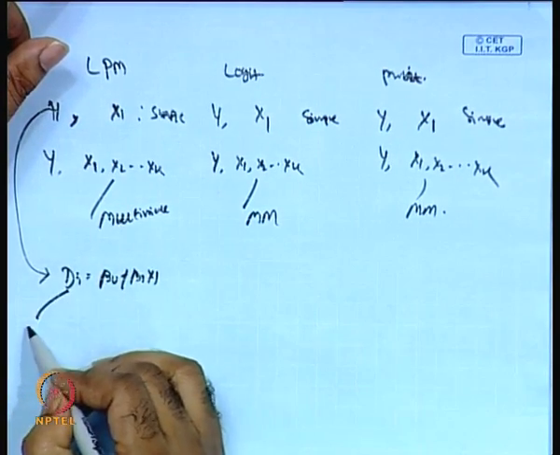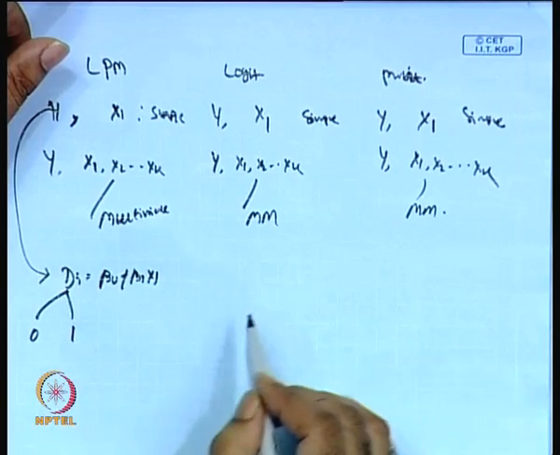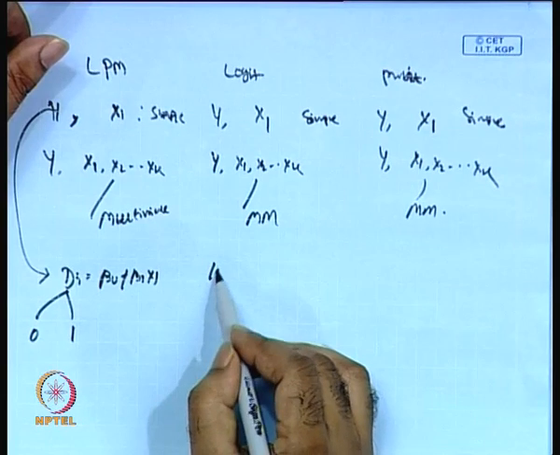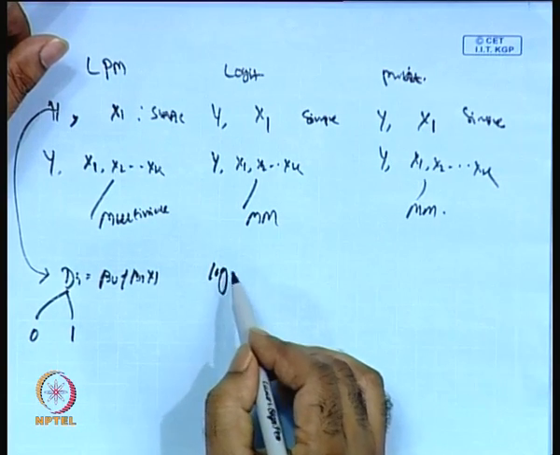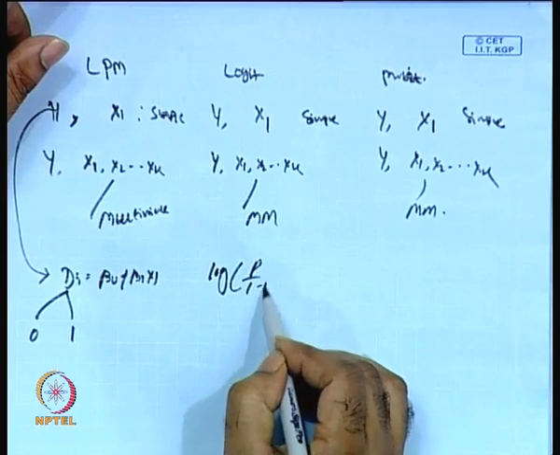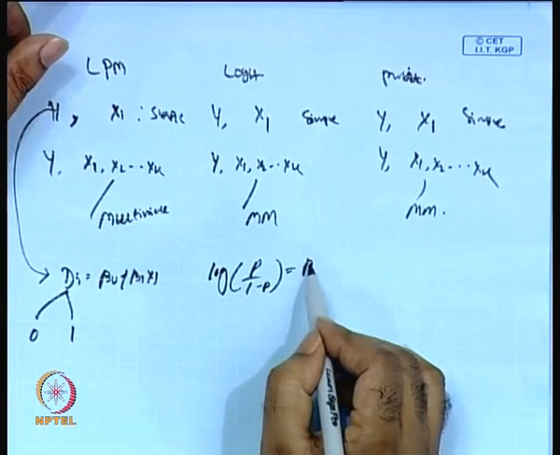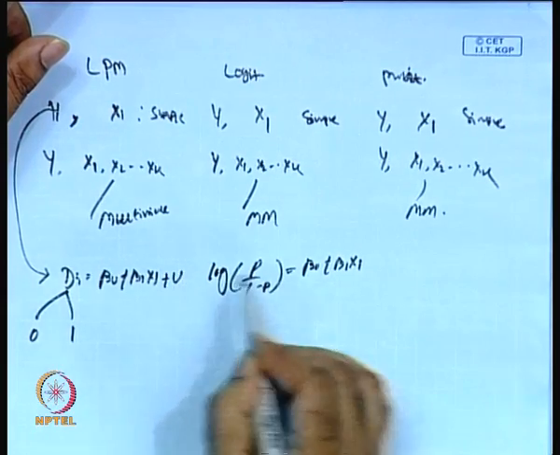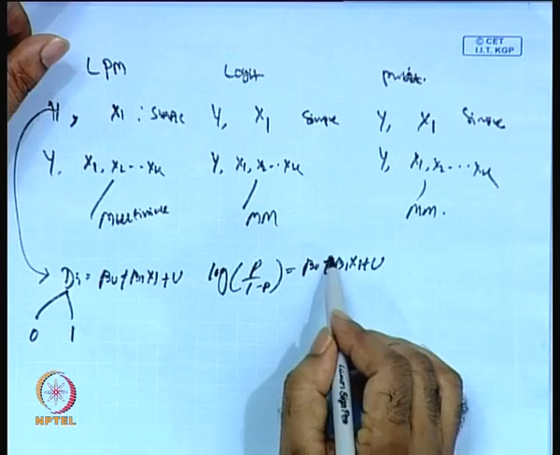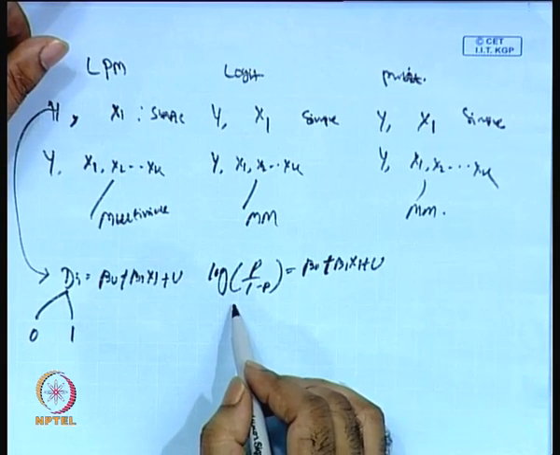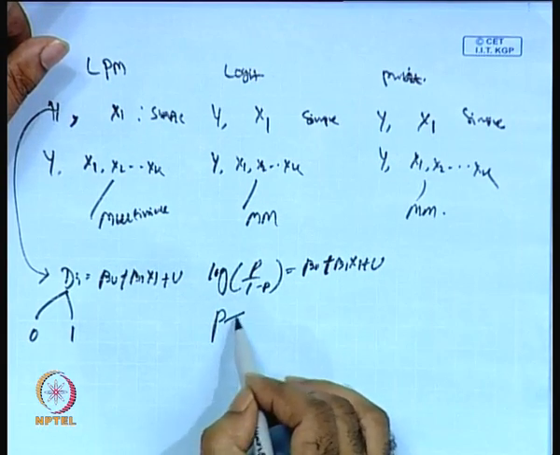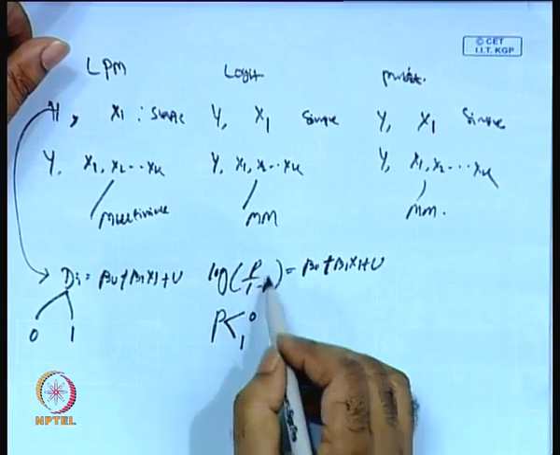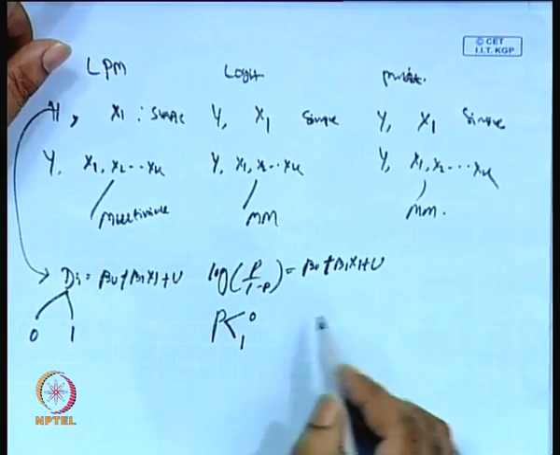So, here d is categorically divided into 0 and 1, and in this particular logistic case, we will write log of p by 1 minus p equal to beta 0 plus beta 1 x1 plus u. Here p lies between 0 and 1, okay. This is also binary, but the range of the values will be between 0 and 1, okay.